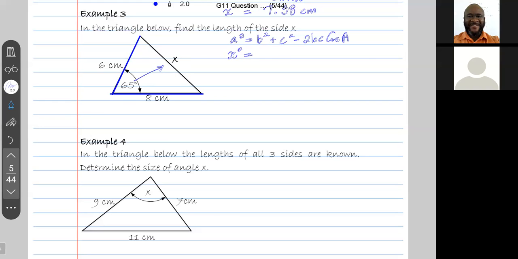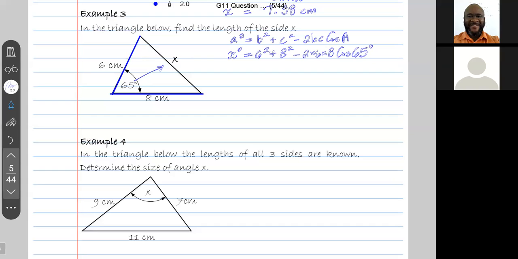Now, B and C are the two sides of known lengths. So this would be 6 squared plus 8 squared minus 2 times 6 times 8 times the cosine of the inclusive angle, which is 65 degrees.